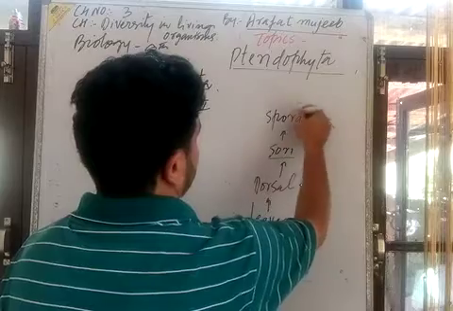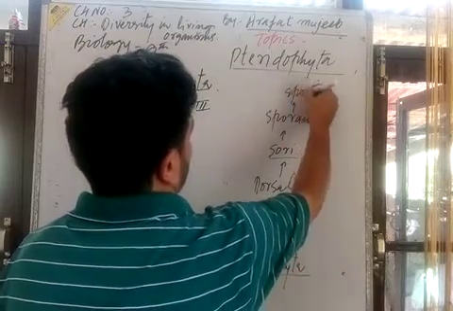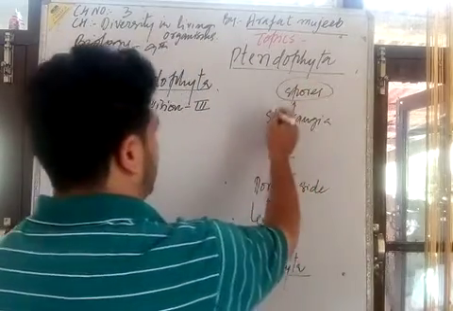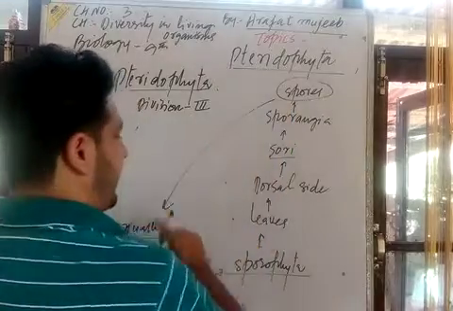Those sporangia give the formation of spores. With the help of spores they reproduce asexually.